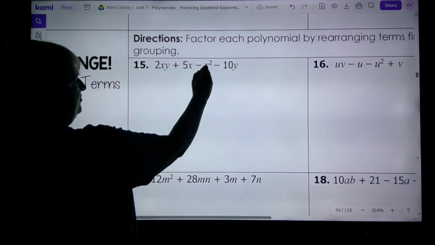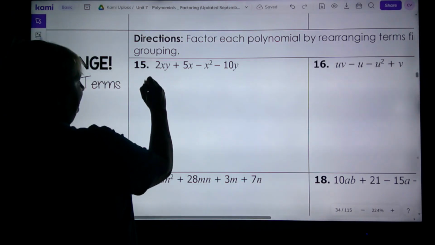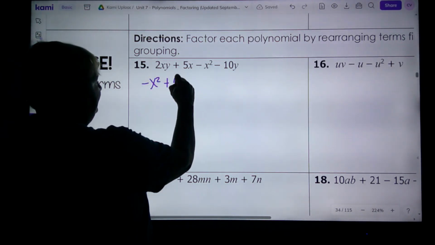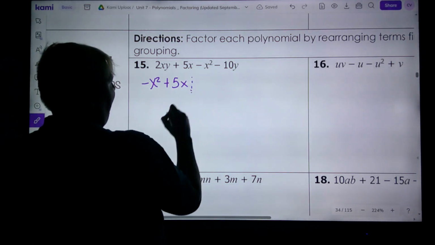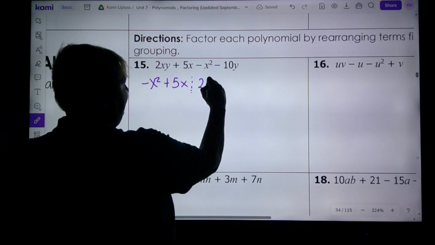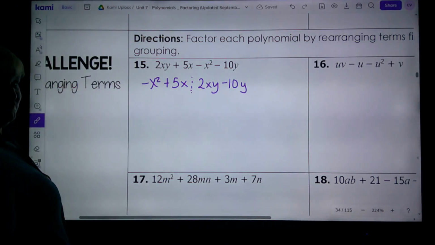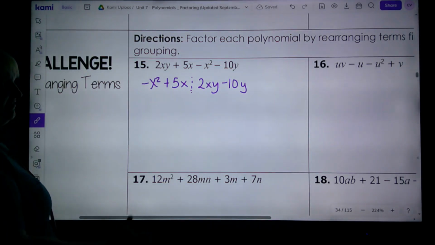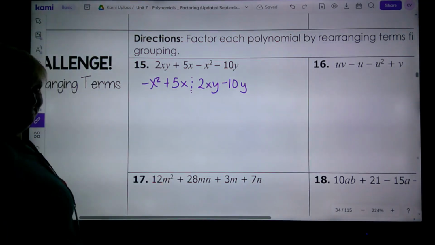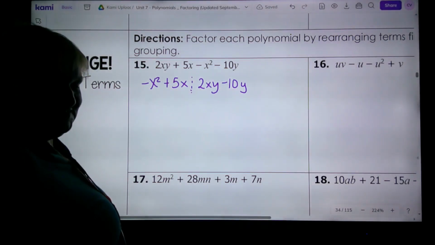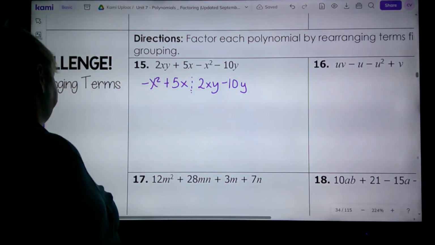So these two are going to go together. Negative x squared plus 5x. Then we have our dot to dot, and we've got 2xy minus 10y. You see how it makes sense, how they're grouped together? The only way to find out if I'm right is to solve it and see if we have a common binomial.